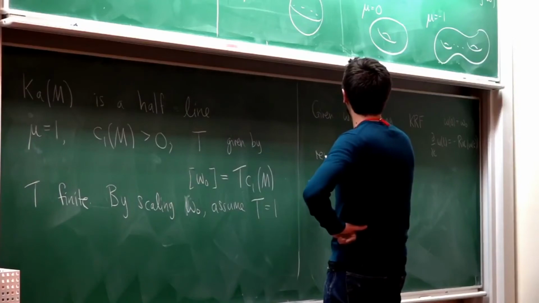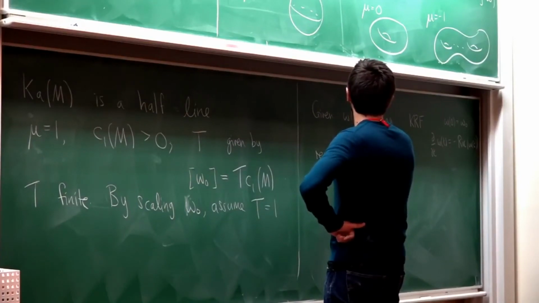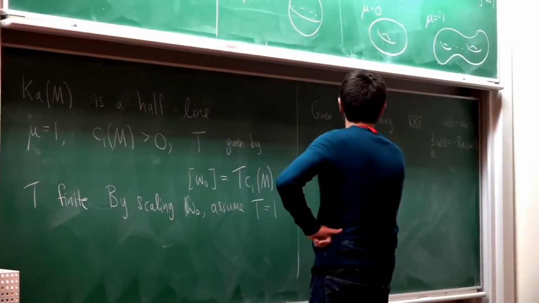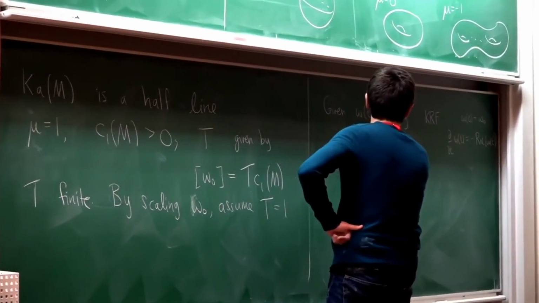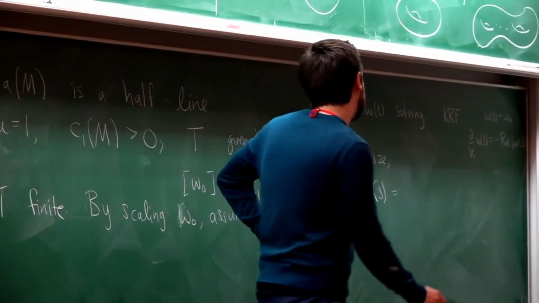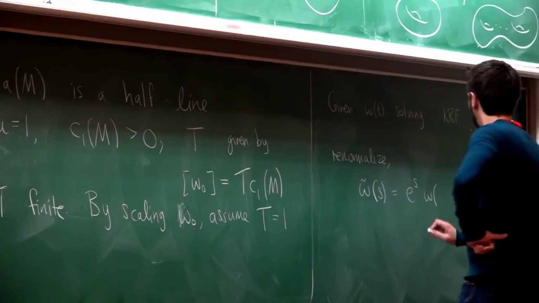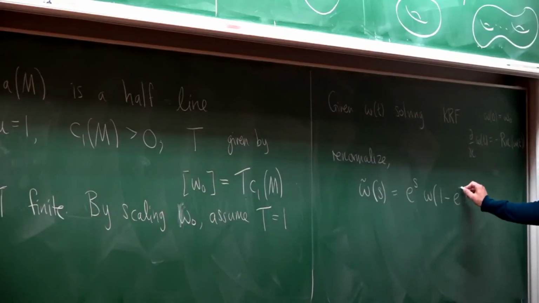So you renormalize. And what you can do is define omega tilde s. I have a new time variable s, and I can define it as e to the s, omega of 1 minus e to the minus s.